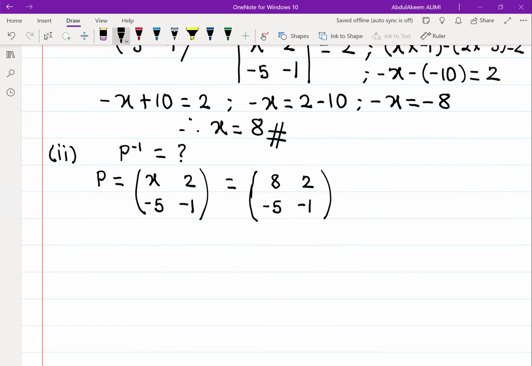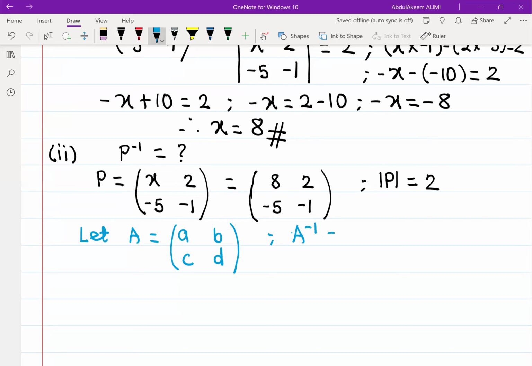I also have to recall that the determinant of P is 2. So how do I get the inverse of a 2 by 2 matrix? Let's use A, B, C, D. I have matrix A equals A, B, C, D. How do I get my A inverse?